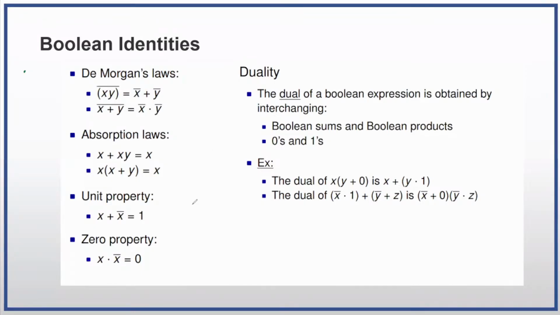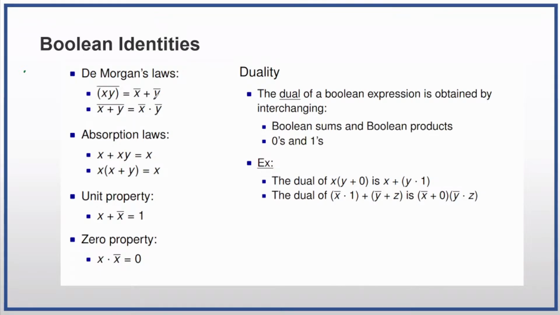Here you can see that when we take the complement, all the inputs also get complemented, and the complement of a product, that means the complement of AND will be OR, and the complement of OR will be AND, in De Morgan's law.